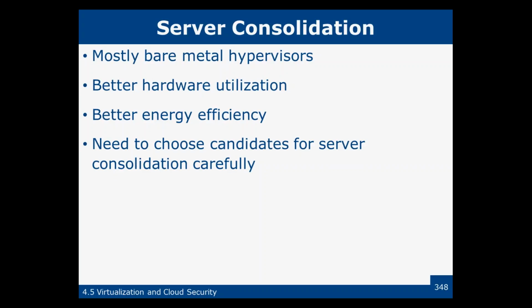Which servers are you going to do? And one of the other things that happens with virtualization is that we start to get virtual machine sprawl. We're going to virtualize this, we're going to virtualize that, and we make a whole lot of different virtual machines that we may or may not need at any given time.